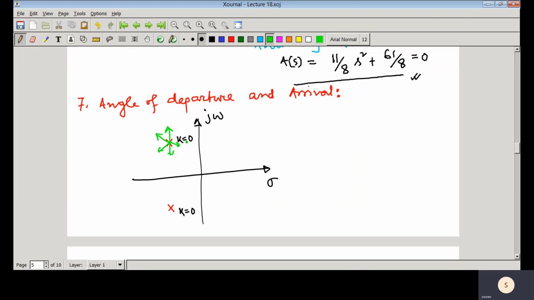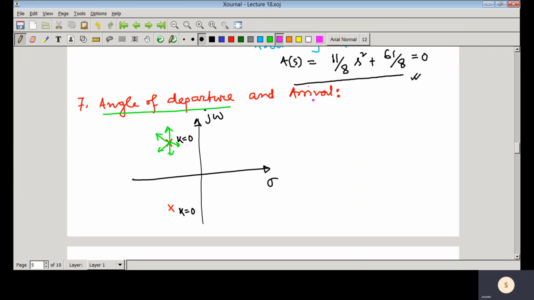So here we need to know along which direction these closed loop poles will be moving. That particular concept is called the angle of departure. That is the angle along which the closed loop pole moves away from the complex conjugate pole whenever we increase the value of k.